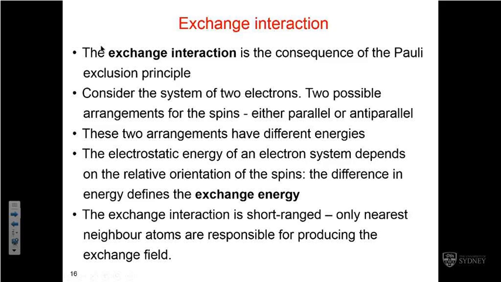Okay? But you can imagine that depending on your material, the spin interaction might change as a function of distance. It might also change if you've got three atoms with spins interacting, okay? If I've got an interaction between two atoms here with spin, and I bring another one close, this interaction might change. So you can also take into account that kind of possibility by making your model a little bit more complicated.